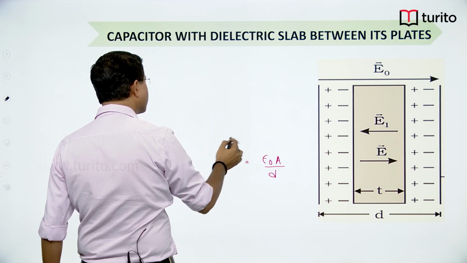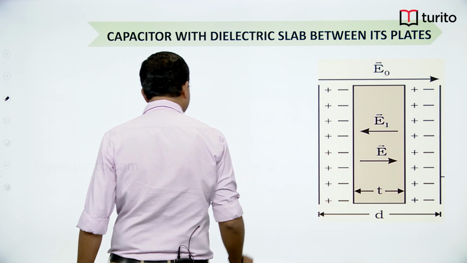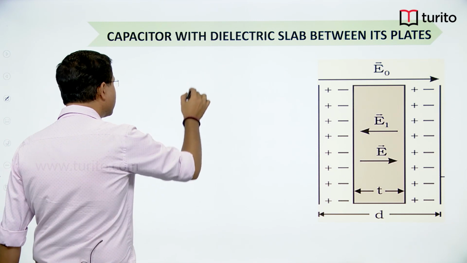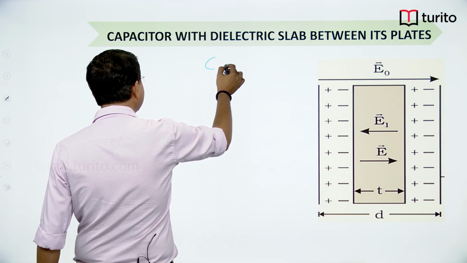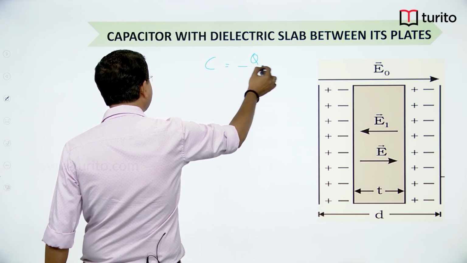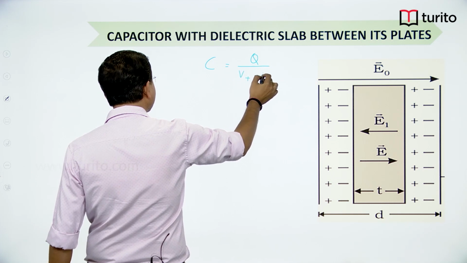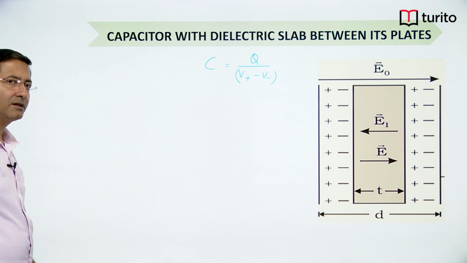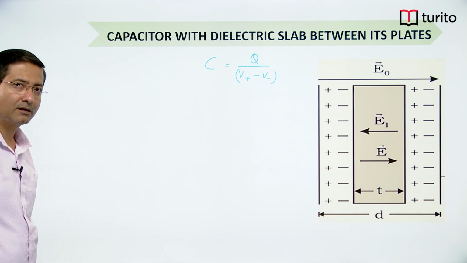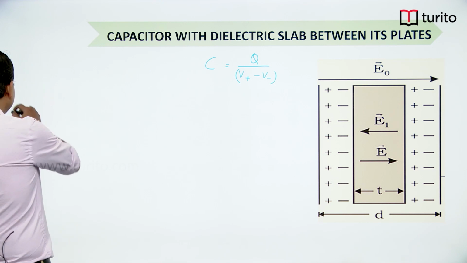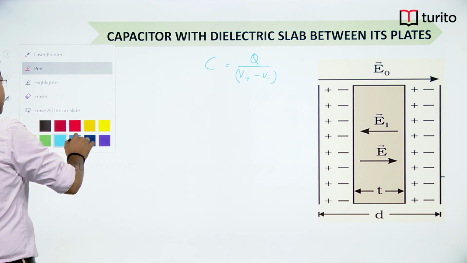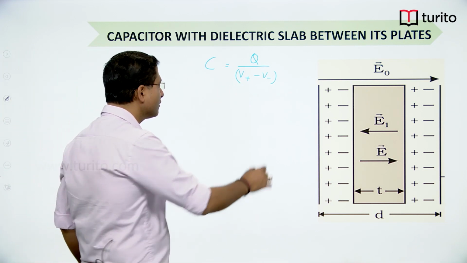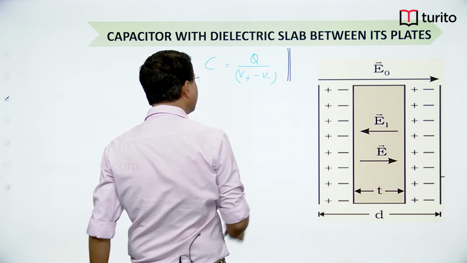So to find the capacitance, I already told you the procedure, we will follow the same procedure here. If you remember, capacitance C is equal to charge divided by potential difference, V plus minus V minus. So if I get the potential difference, I can find out the capacitance, and we can calculate the potential difference with the help of the field, as I told yesterday.